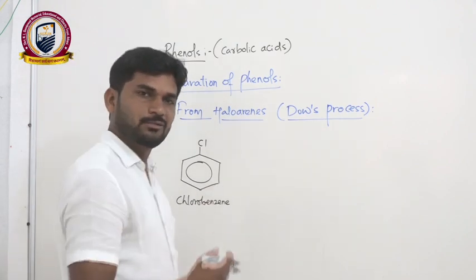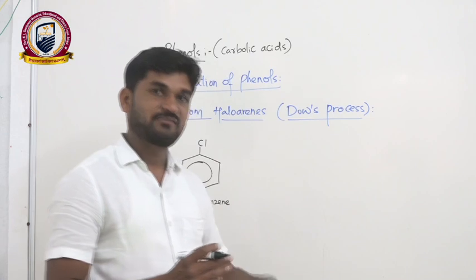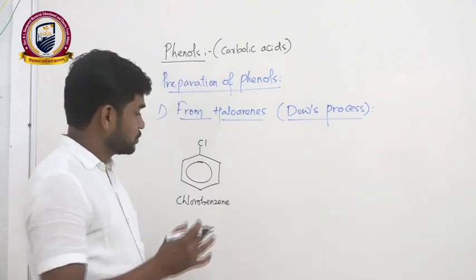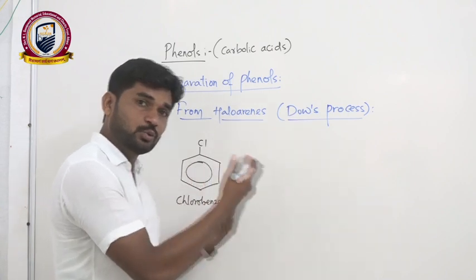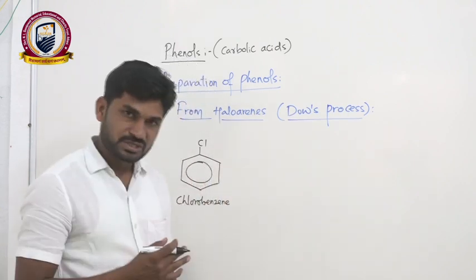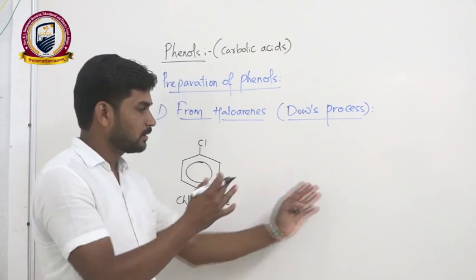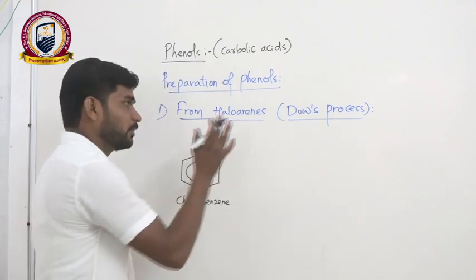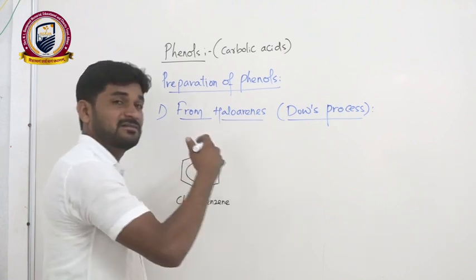Haloarenes are less reactive towards nucleophilic substitution reaction that we have discussed in the chapter called haloalkanes and haloarenes. Though these are less reactive towards nucleophilic substitution reaction, we can also prepare the corresponding phenols. The phenols are prepared from haloarenes under drastic conditions.